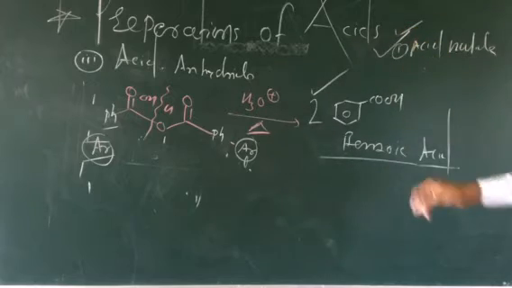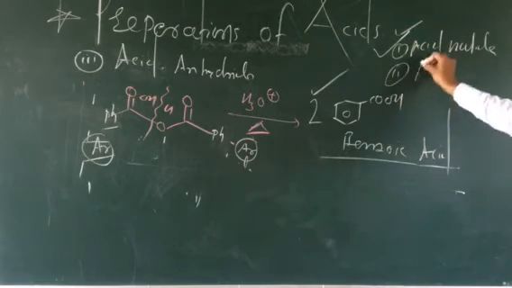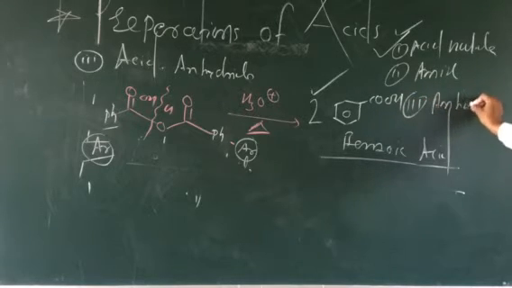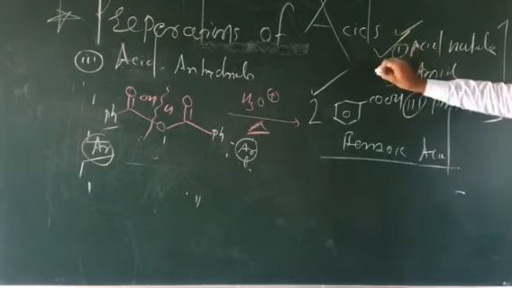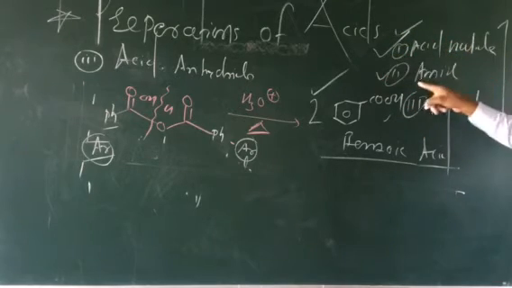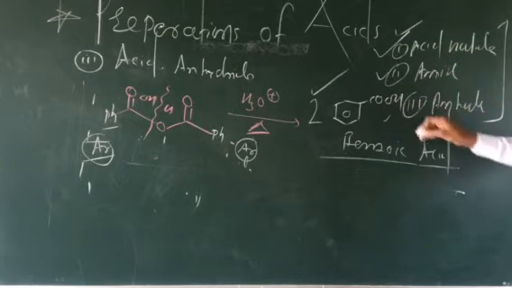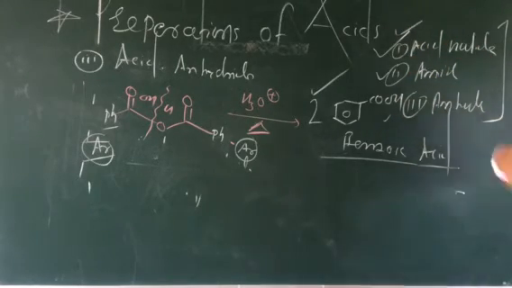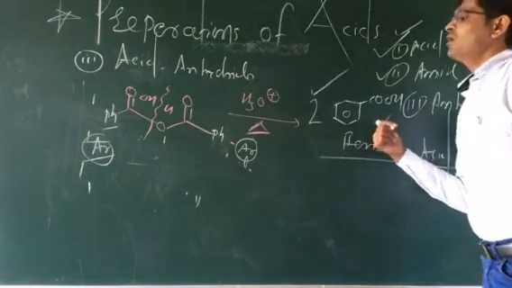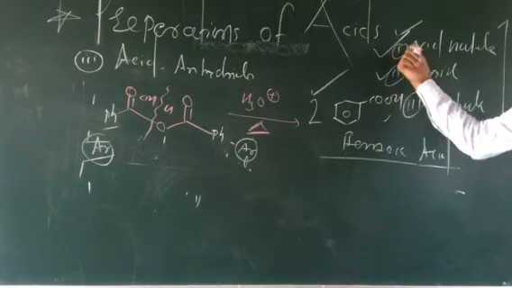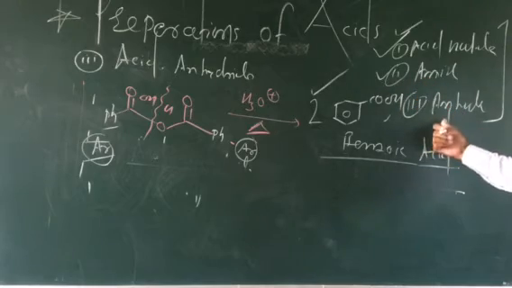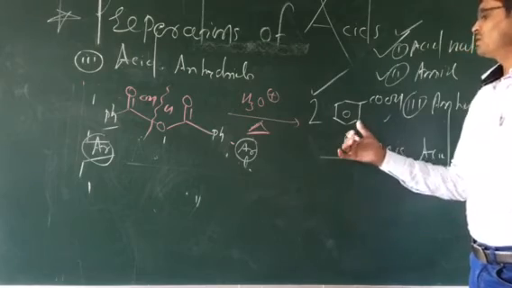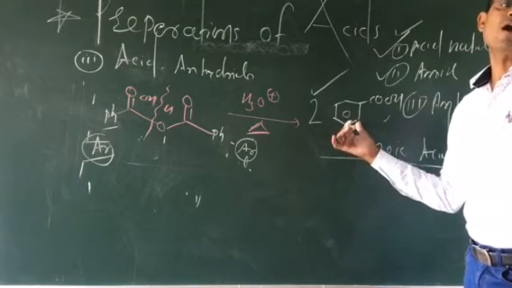The second part is from amide. The third is anhydride. These 3 compounds, the acid halide, amide as well as the anhydride, are derivatives of acid, and we have prepared carboxylic acid starting from acid halide, amide and anhydride. So these preparation methods have been done. This is not only for aliphatic acid but also aromatic acid.